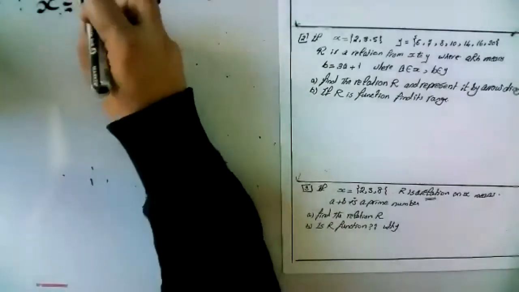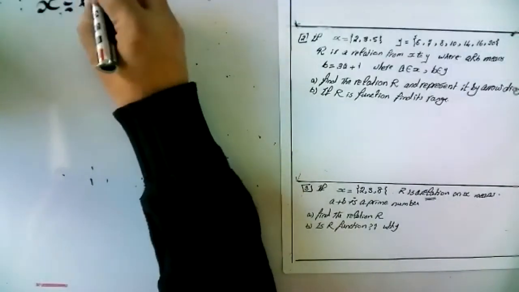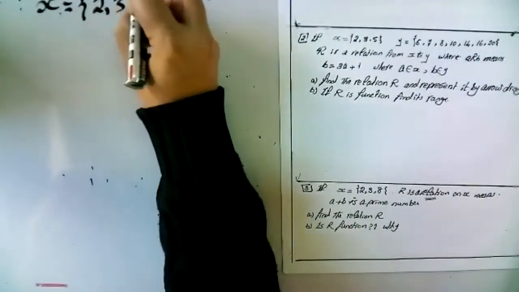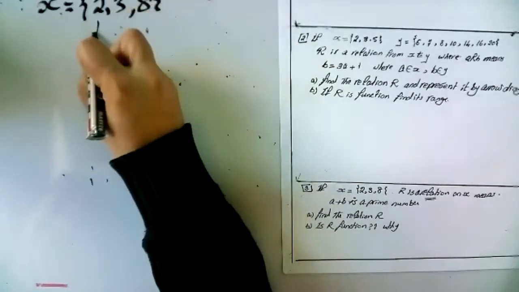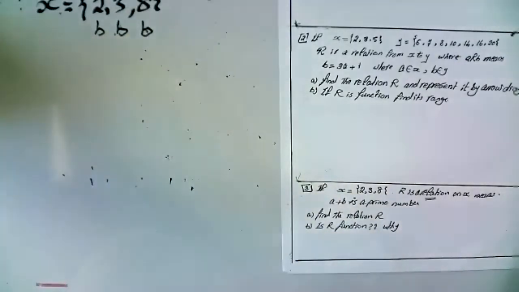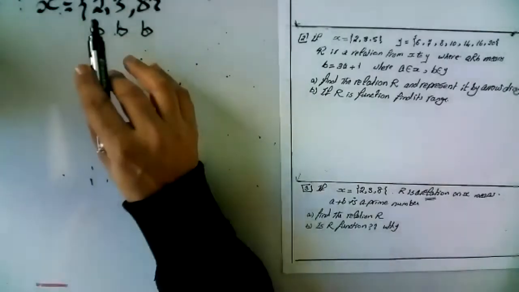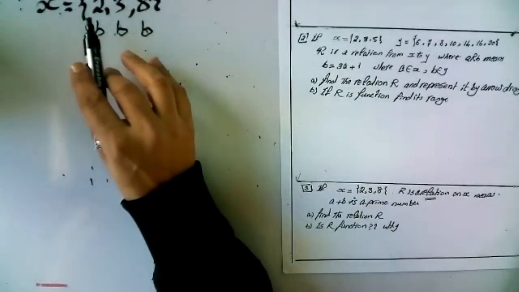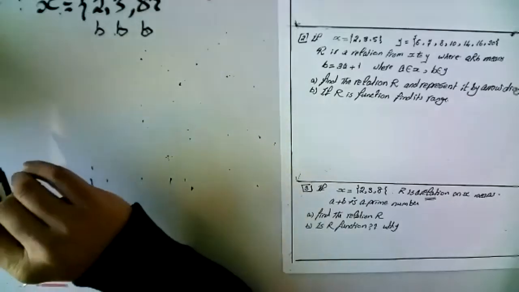Let's say that 2, 3 and 8 are a and b at the same time. Then we are going to add every element of the set X, a plus b.